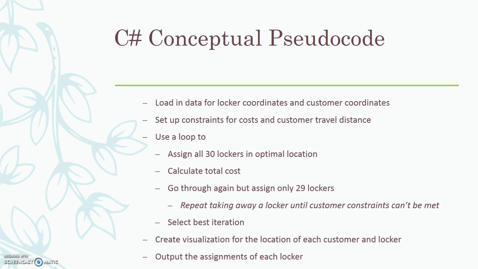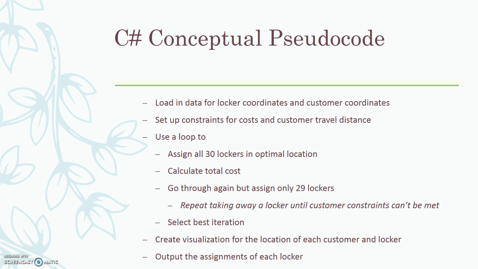So the second portion of the project was to be done in C#. Here is some general pseudocode for the C#. You have to load in the data for the locker coordinates and the customer coordinates.